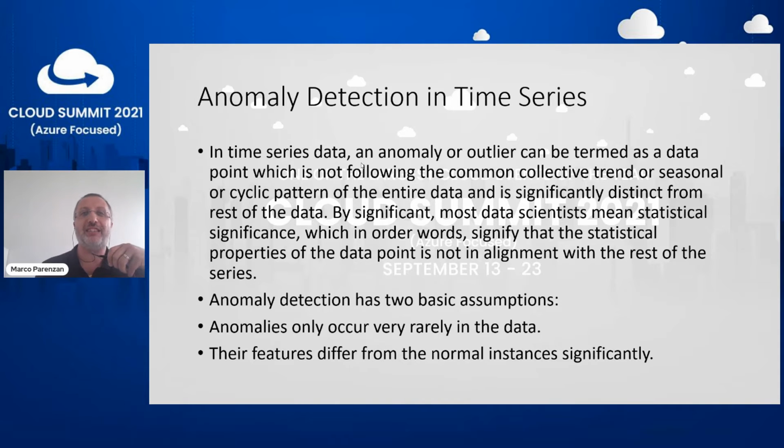The anomaly is something very rare, so you can distinguish it because it's a value that comes from outside the normal trends and is very distant, very far from the normal trends. And this is how anomaly detection in time series works.